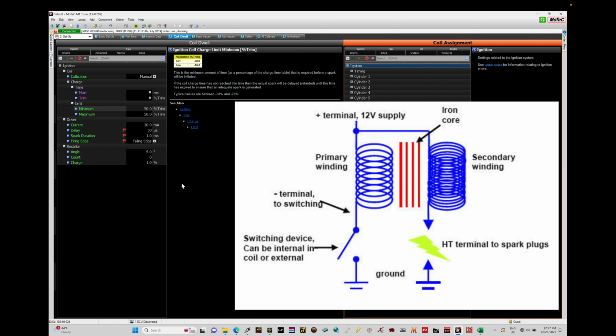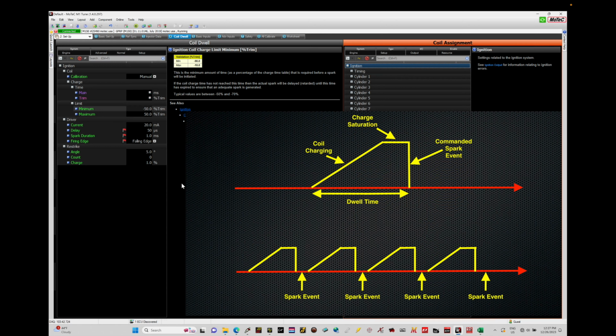Now, the dwell represents how long we're charging the primary side of the coil for. If we take a look here, coming up on screen, we have a representation of what coil dwell looks like if we plotted it on an oscilloscope. The total time between when we want to charge the coil and discharge the coil is known as our dwell time.